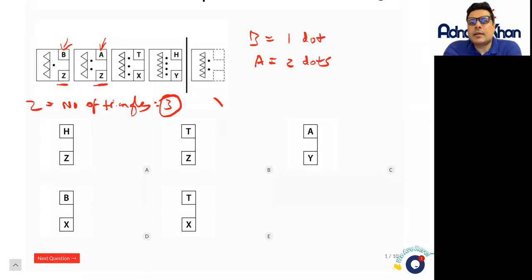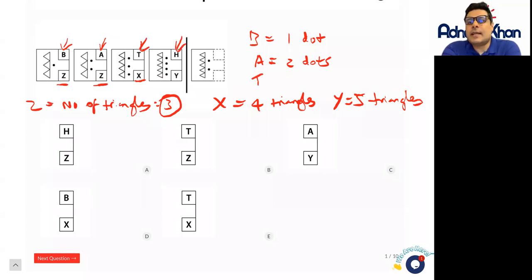X here at the bottom represents 4 triangles, all right? And Y represents 1, 2, 3, 4, 5 triangles, okay? Now, we need to work out, actually, let's just work out T and H as well at the same time, T and H.